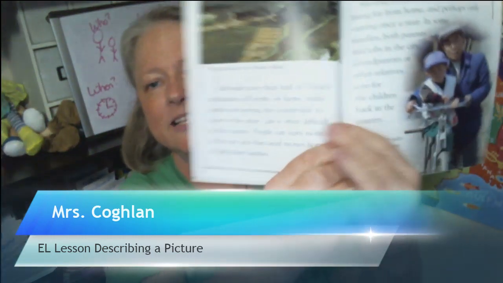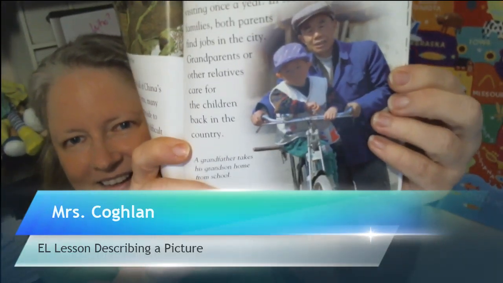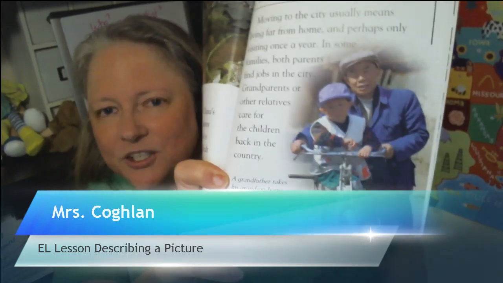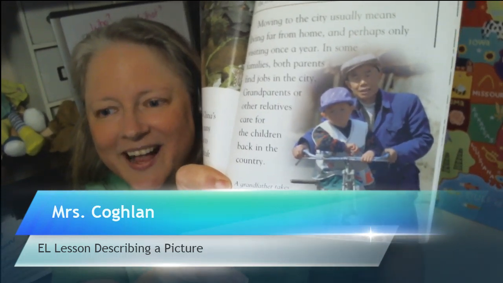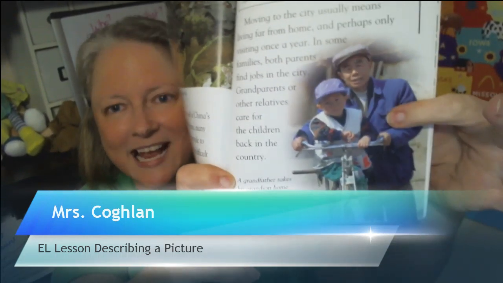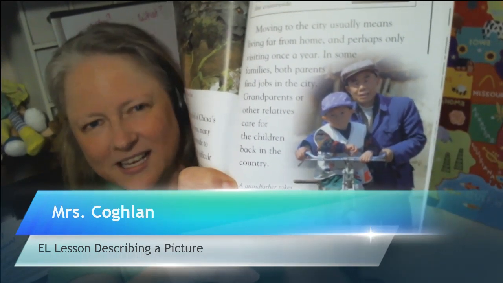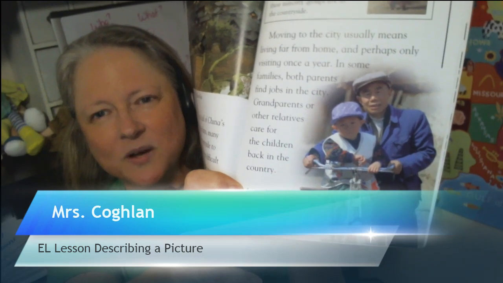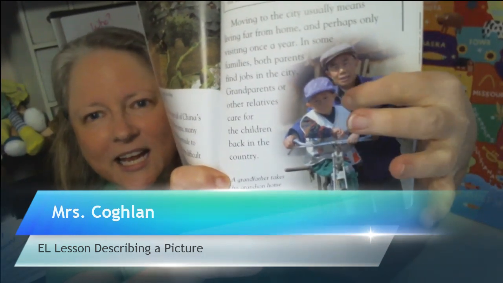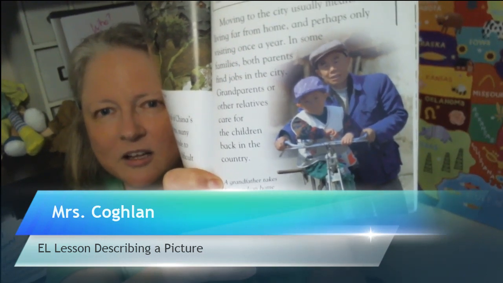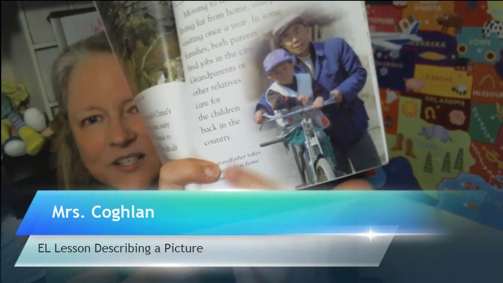So let's look at this picture right here. What is that? So who do you see in the picture? Yeah, we can say this is a man and a boy, but let's infer or think about what we can see there. Maybe we see a grandfather and a grandson. What are they doing?